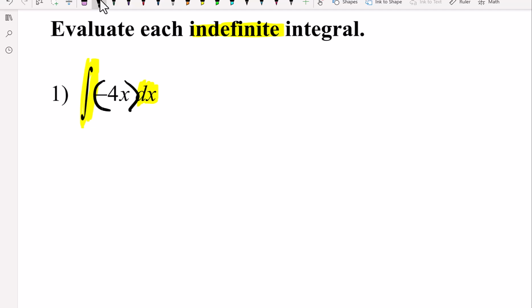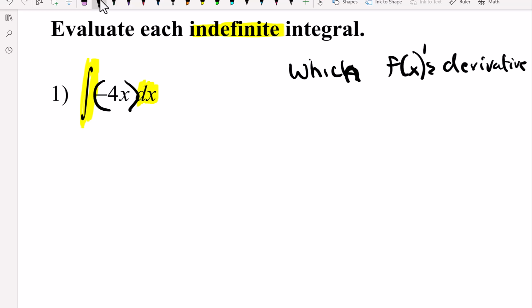Okay, so think about this as, which function's derivative is negative 4x, and you'd work backwards.